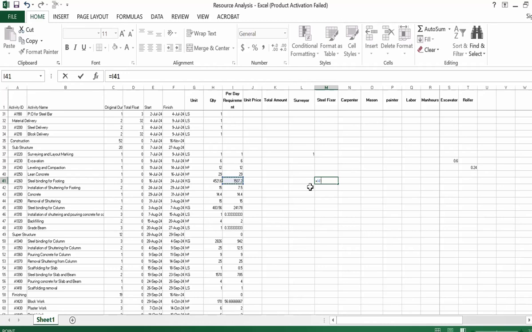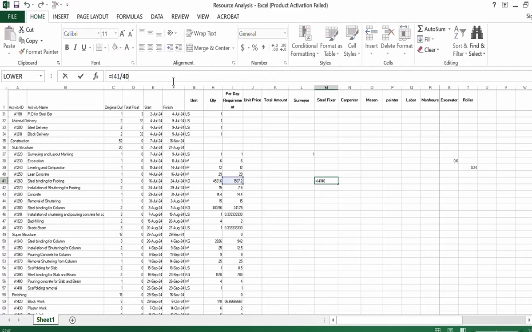So we will divide by 40, and we need 37 hours to complete the 1507 kg of steel. So one mason will do 40 kg. We need 37 hours to complete it.